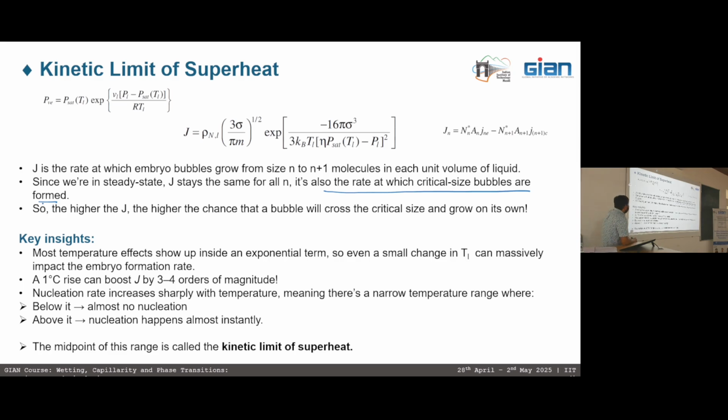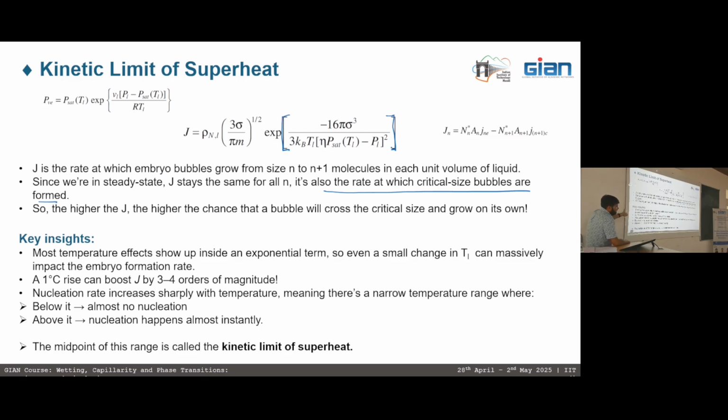The key insight we get from the kinetic limit of superheat is that most temperature effects show up inside the exponential term, as we discussed. Even if we increase the temperature by 1 degree Celsius, we see a boost in embryo formation by orders of magnitude.